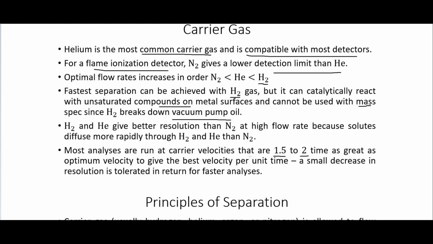A small decrease in the resolution is tolerated in return for faster analyses. We don't have infinite time to run these analyses, so you do want to get them out quicker, and a small hit to the efficiency is acceptable if we can get more analyses in.